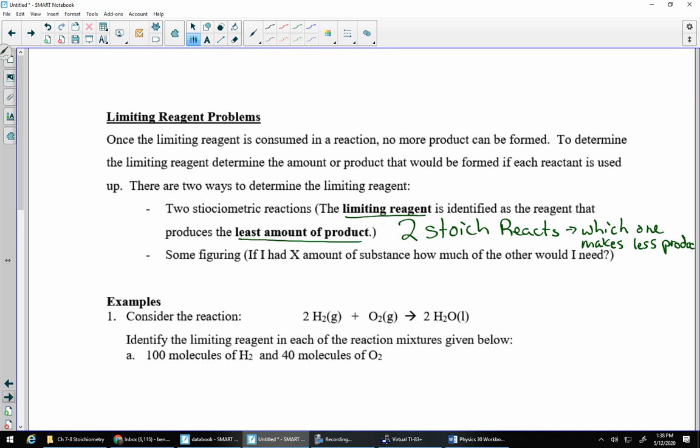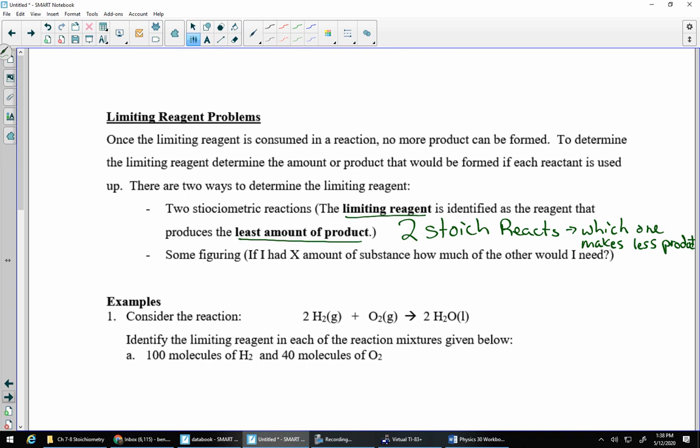Now, sometimes you might have 2 products, and the question is just what is the limiting reagent? Then it doesn't really matter which product you choose, right? The limiting reagent will make less of product A, and it'll also make less of product B. Sometimes it'll be a little bit more specific. It'll tell you how much of product B is going to be produced.